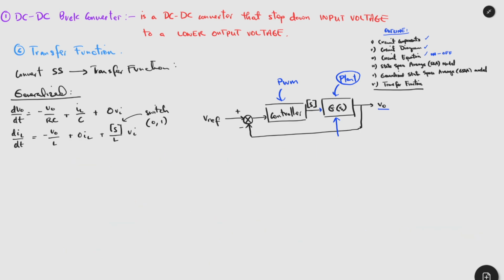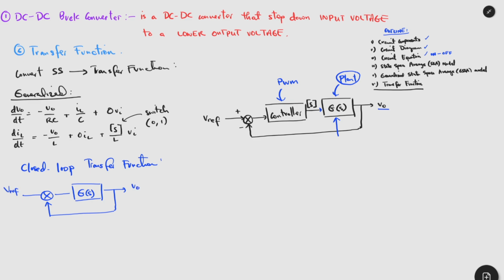Now we determine the closed loop transfer function, and it is quite simple. So our closed loop transfer function will now become, from the second diagram, we can see that we have the G of s, which is our open loop transfer function, and we now have the feedback where we have the voltage ref and we have the v naught, and this is our feedback.